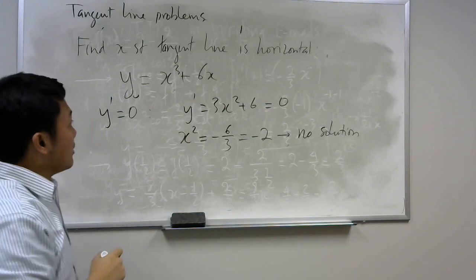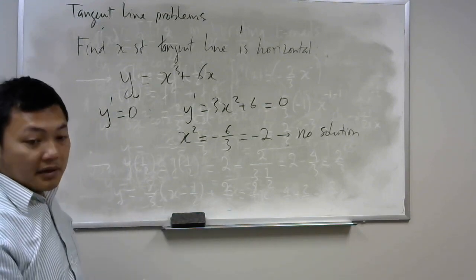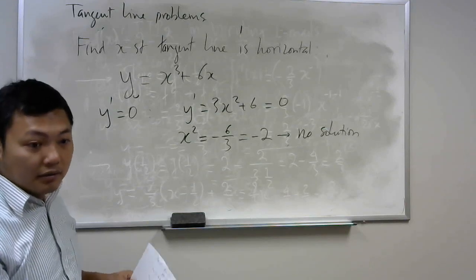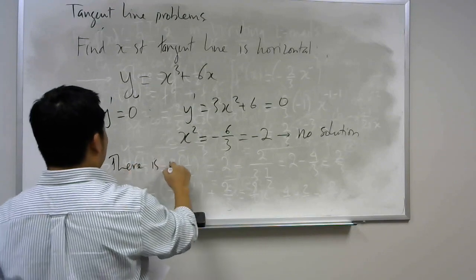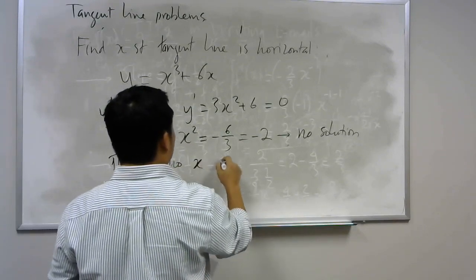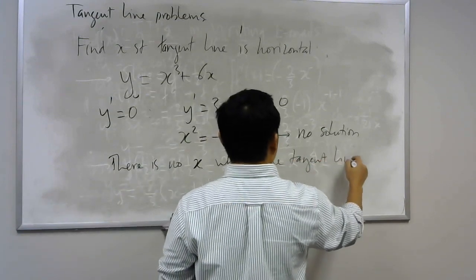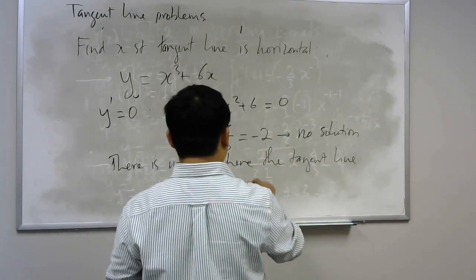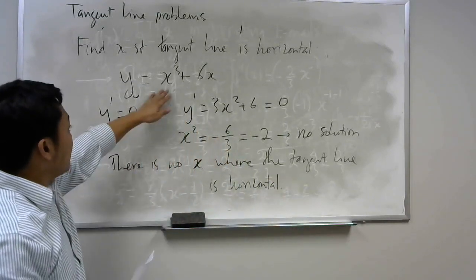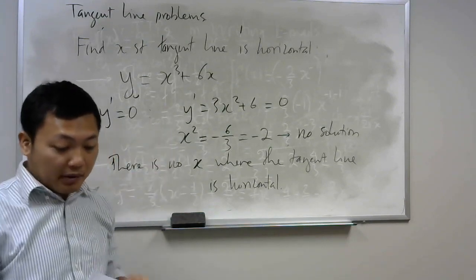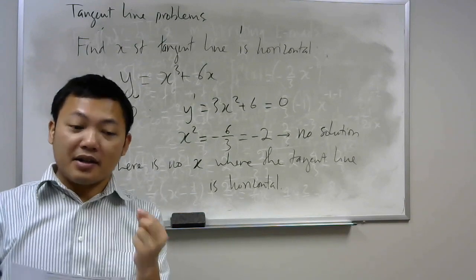In this case, the equation does not have any solution. And how to write the answer? That means there is no x where the tangent line is horizontal. It means the graph of this function does not have any horizontal tangent line. I especially put this function because in my experience, when I ask students to find something, they intend to find some x.